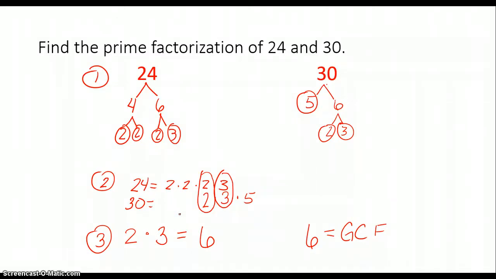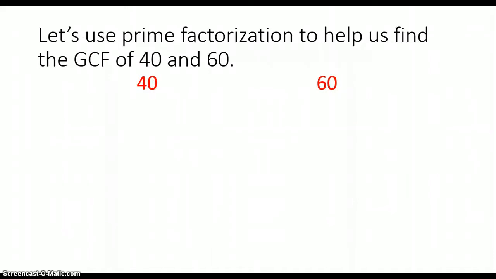Let's look at another example. Let's use prime factorization to help us find the GCF of 40 and 60. Well, step 1 is to do your factor trees and write out your prime factorizations.